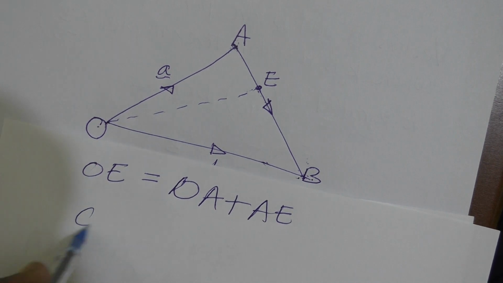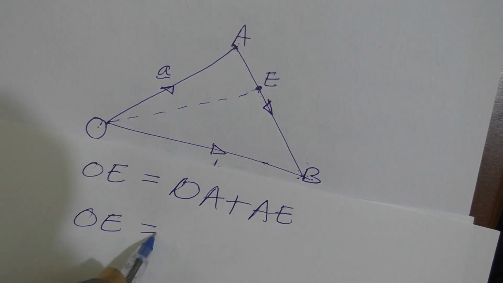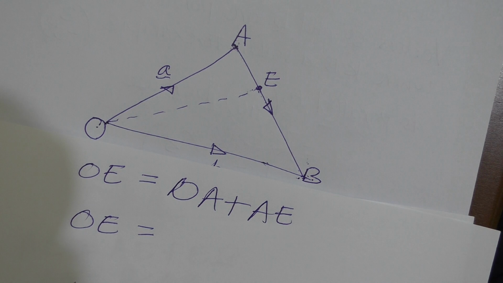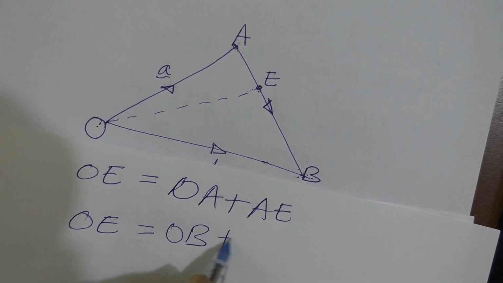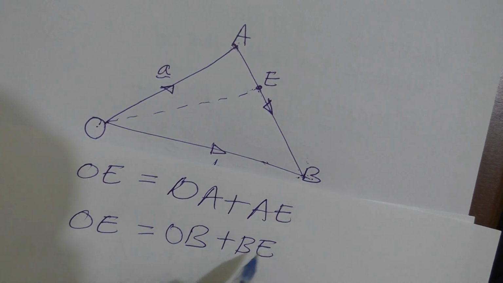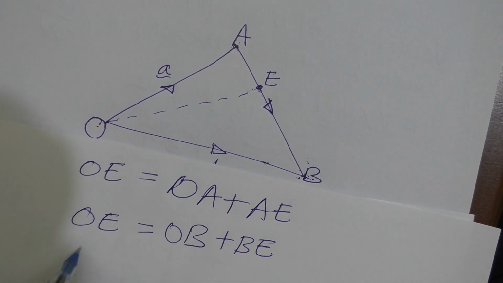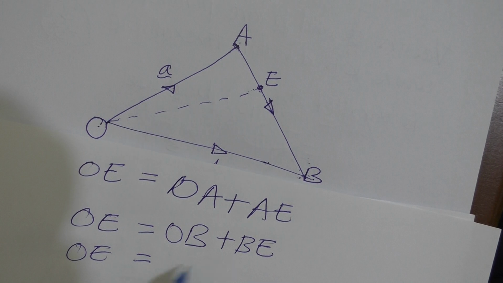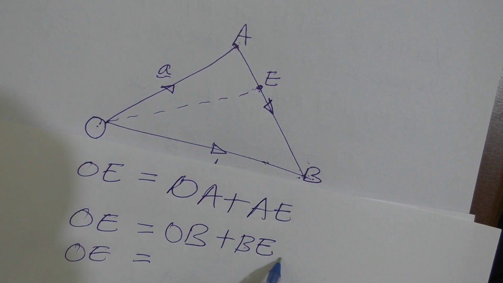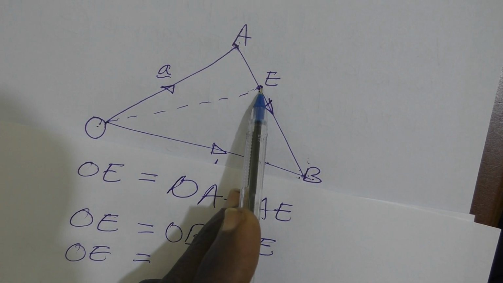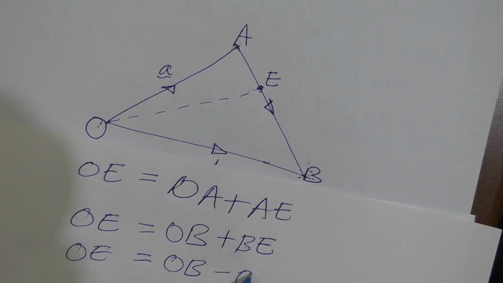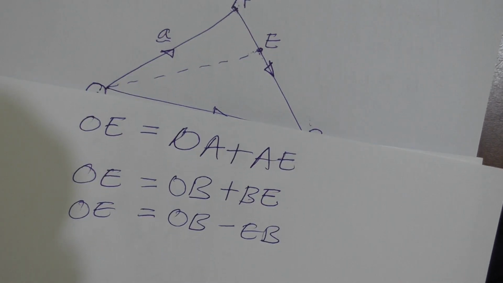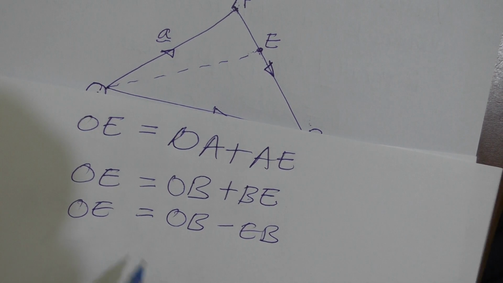And therefore, in this case, OE equals OB plus BE, but BE is negative EB because originally it is from E to B. So it will be OB minus EB. So that is how we are supposed to do it.